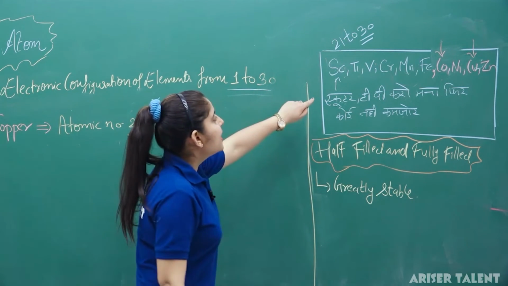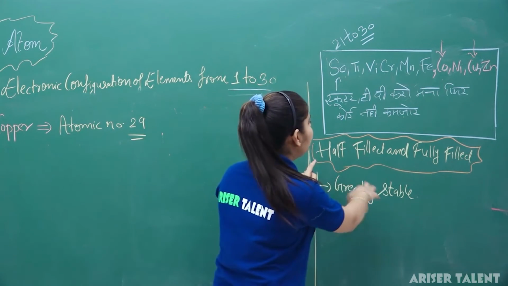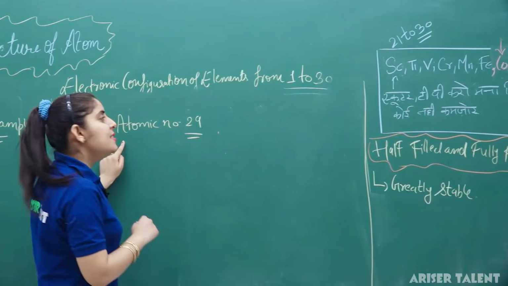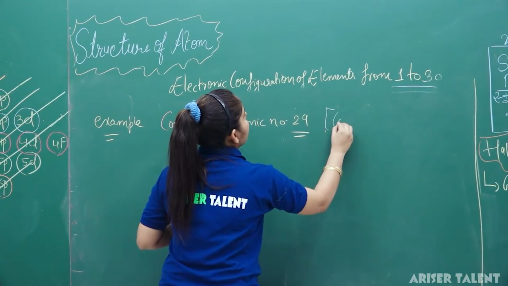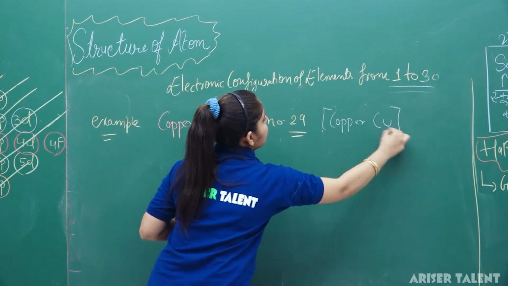So we have a series of elements from atomic number 21 to 30. Now we will see the half filled stability and fully filled stability of the atom. So we have considered atomic number 29. Atomic number 29 is for copper and the symbol for copper is Cu.